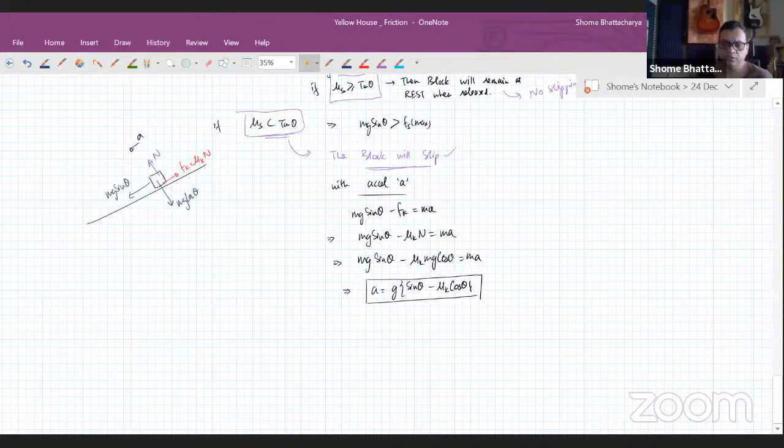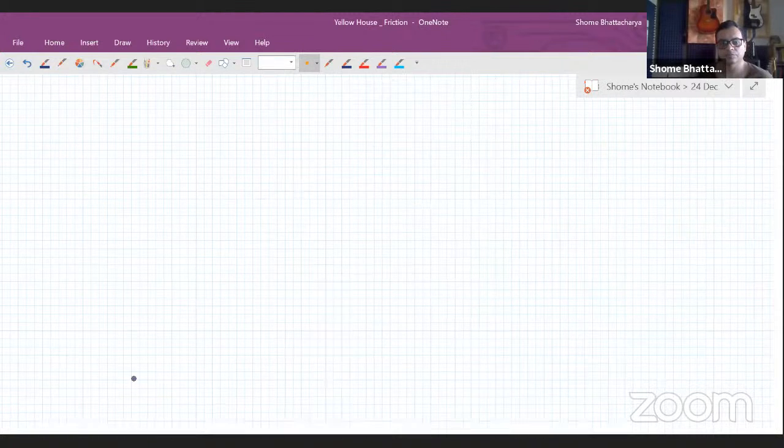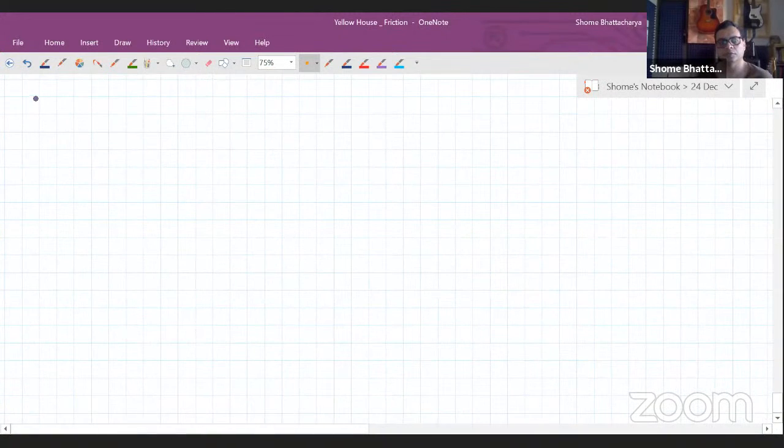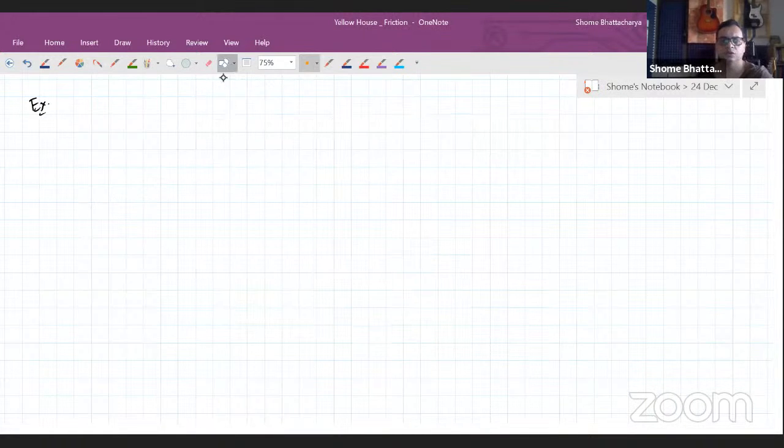Okay, so let's understand this with an example now. So suppose we have an inclined plane of inclination 37 degrees to the horizontal.